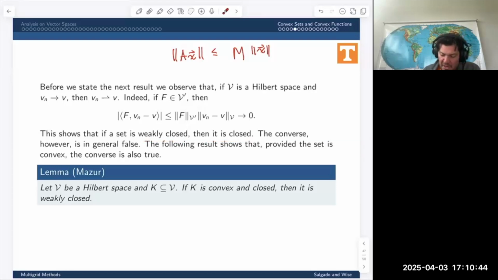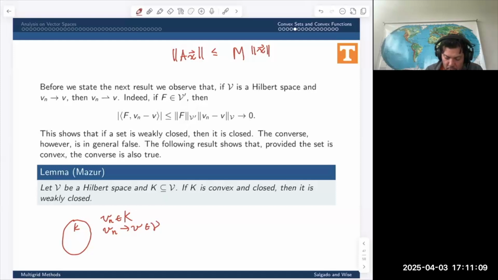So we want to show that the set K is closed. Start with the set K. What we're going to do is assume that Vn is a sequence in K, and Vn converges to a V, some point V in the space.